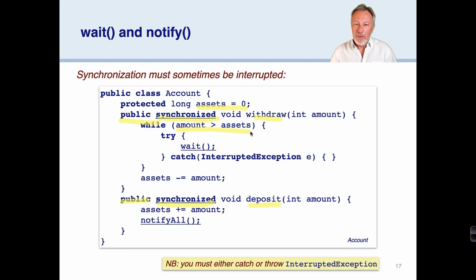So here's a pattern, or rather an idiom within Java that you'll see over and over again. Here we have a synchronized method. We have a condition that is a guard for executing the method. We want the amount to actually be less than or equal to the assets. So if the amount is greater than the assets, we have a problem.